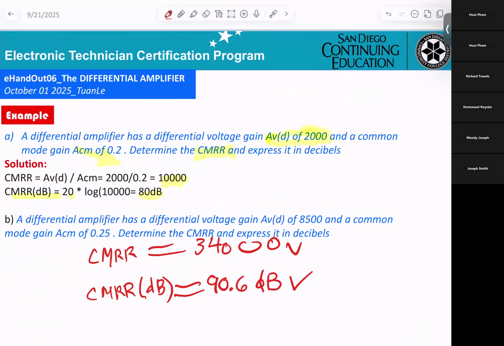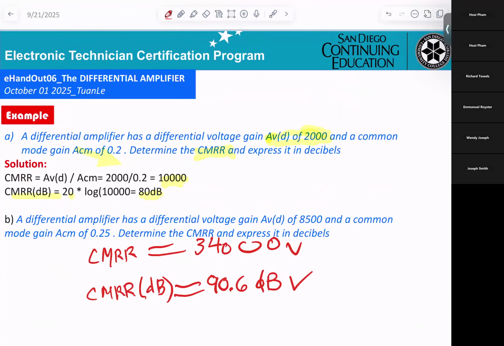First thing, CMRR equals AVD divided by ACM. So ACM equals AVD divided by CMRR, since they want to know ACM.